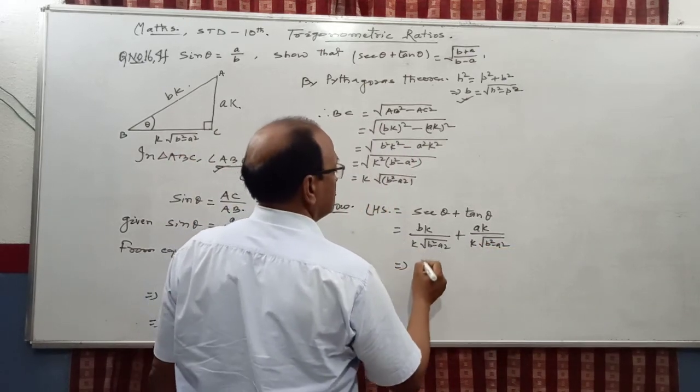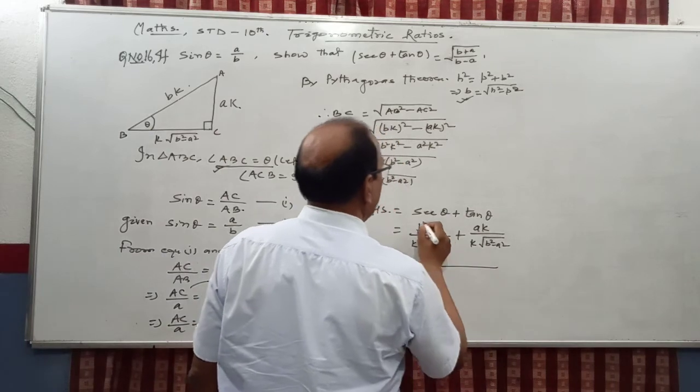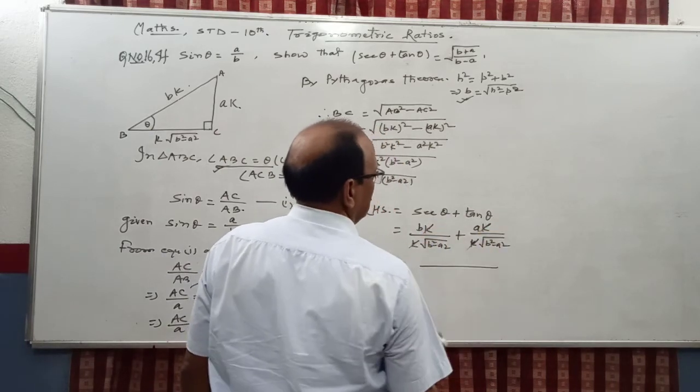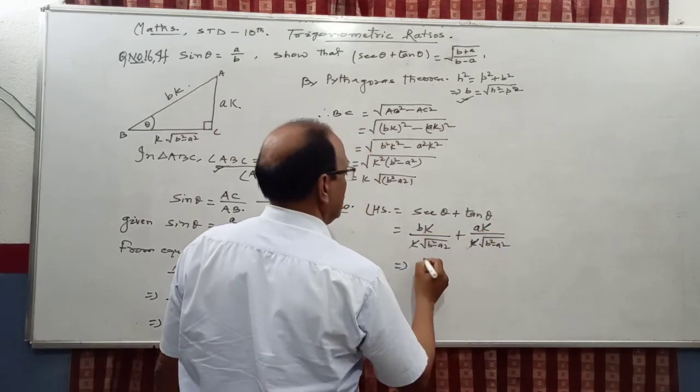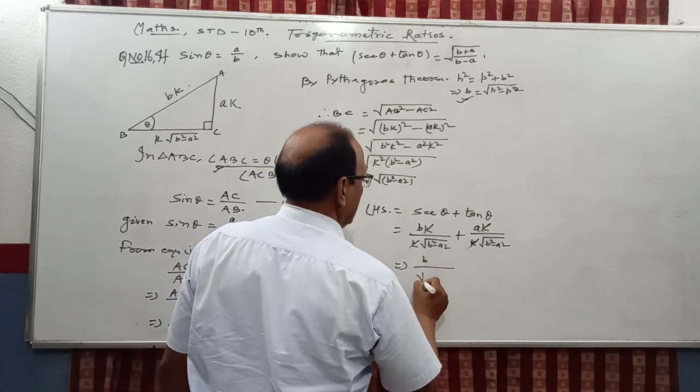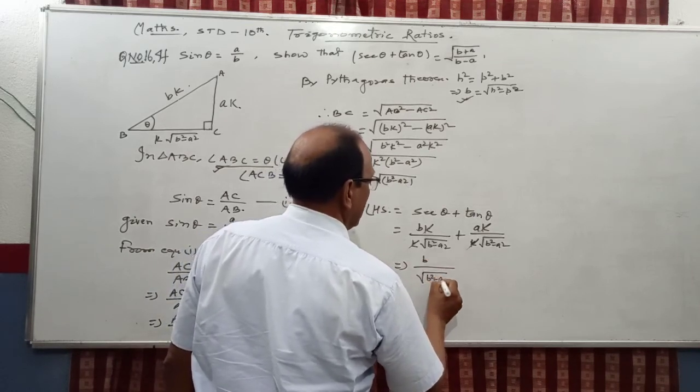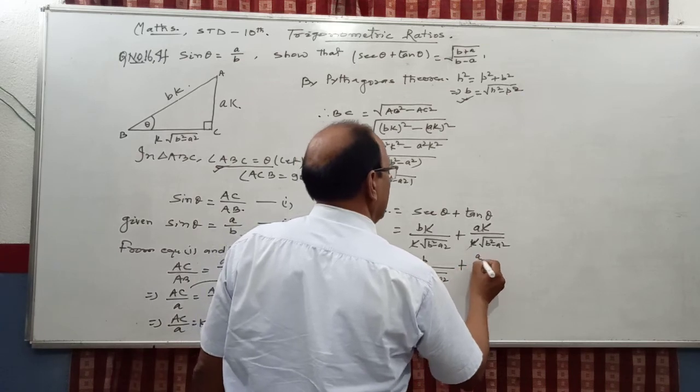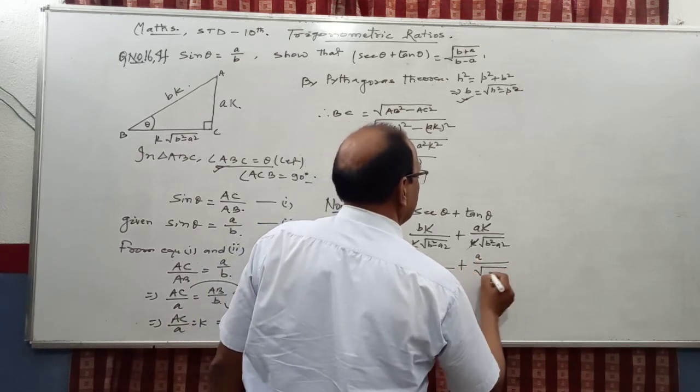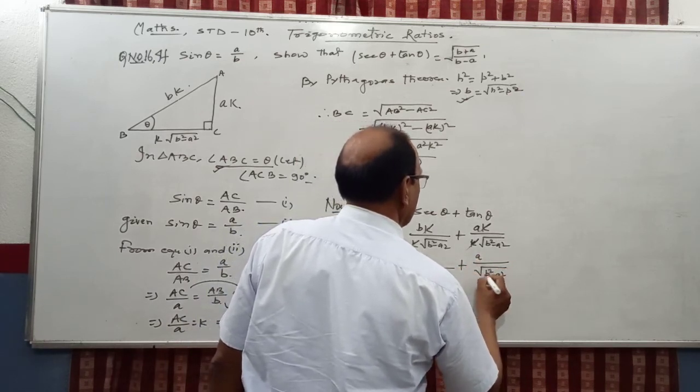K first cancels. So it gives B divided by under root B square minus A square plus A divided by under root B square minus A square.